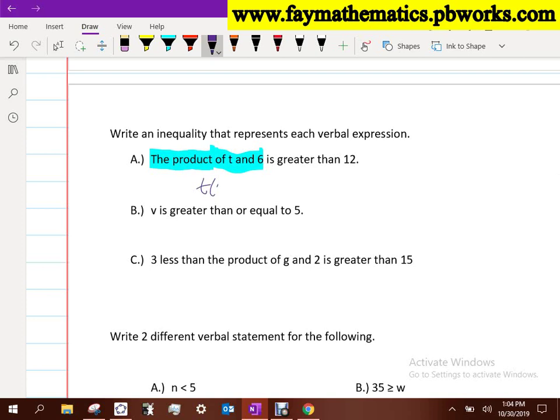Okay, so you can do this. You can go like that. Say again? 16. So there's a lot of different ways you can kind of demonstrate that, but 6t is probably the one that's most kind of dominant. Okay? Then I see the phrase is greater than. Okay, so the arrow's going there, right? So 6t is greater than, and then I write my last part 12.